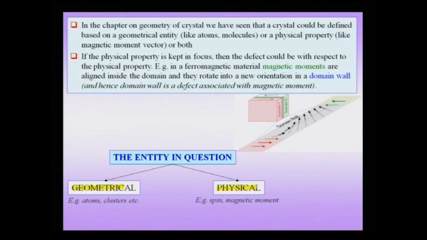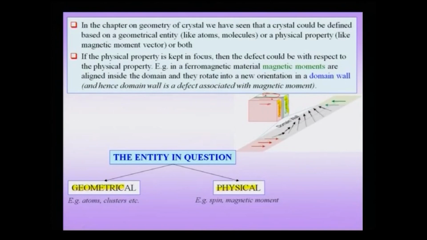Since I am talking about a ferromagnetic material, in domain 1 all the spins are aligned in the same direction. Similarly, in domain 2 all the spins are aligned in the same direction, and this direction has been shown schematically as an arrow in this direction for domain 1, and for domain 2 as a vector in the other direction.